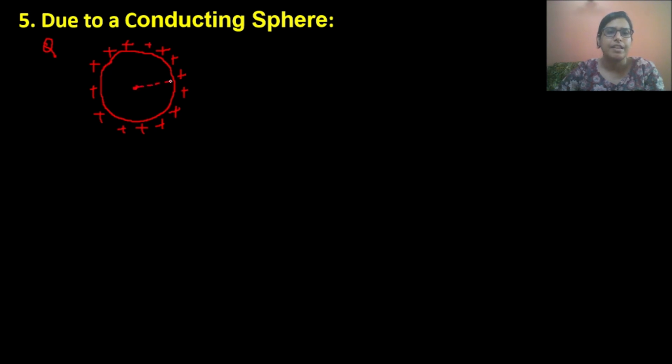Radius of this sphere is capital R. So we will study 3 cases: electric field outside the sphere at a distance r, at point P, it will be equal to kq upon r square.